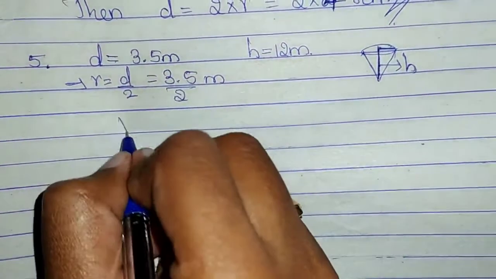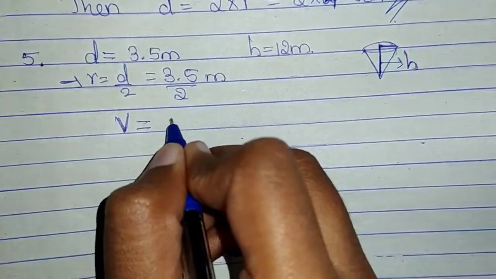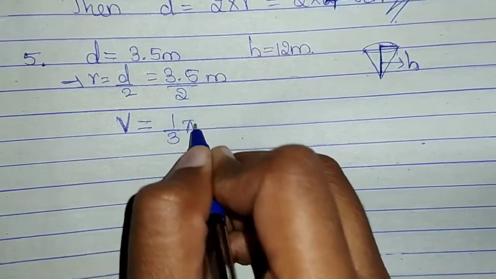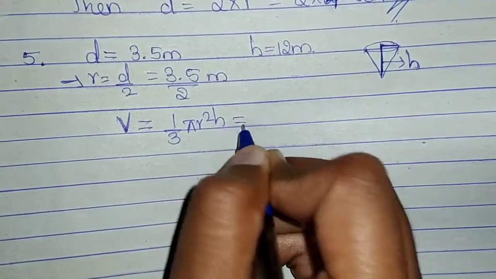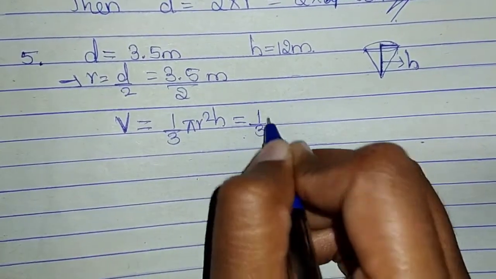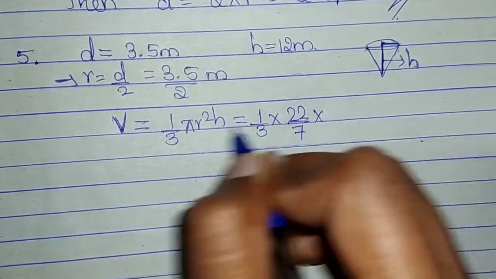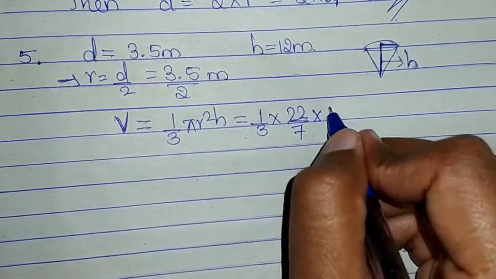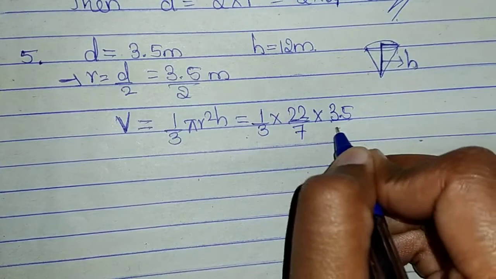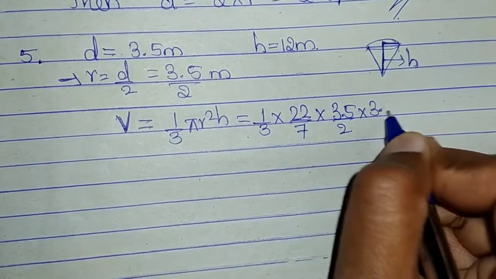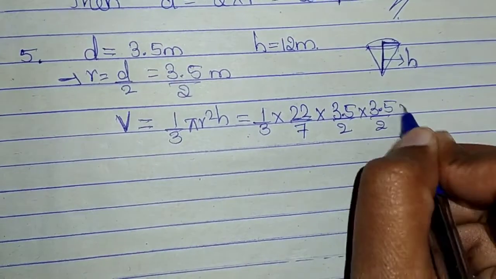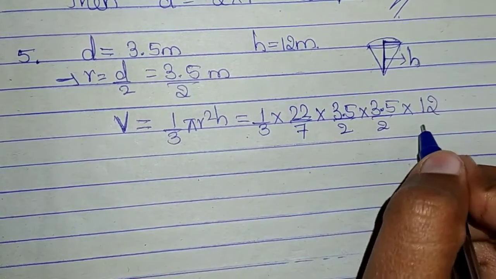We are supposed to find the volume first. V is equal to 1 by 3 pi r square h, which is equal to 1 by 3 into 22 by 7 into radius is 3.5 by 2, r square. So 3.5 by 2 into 3.5 by 2 into height or the depth is 12.